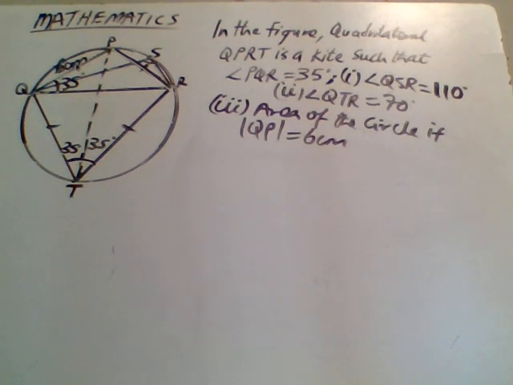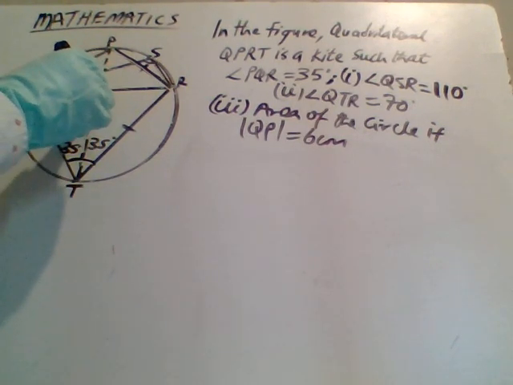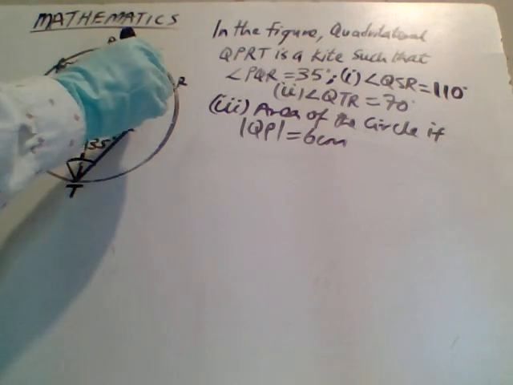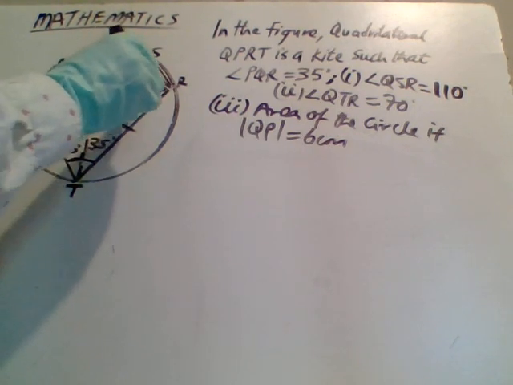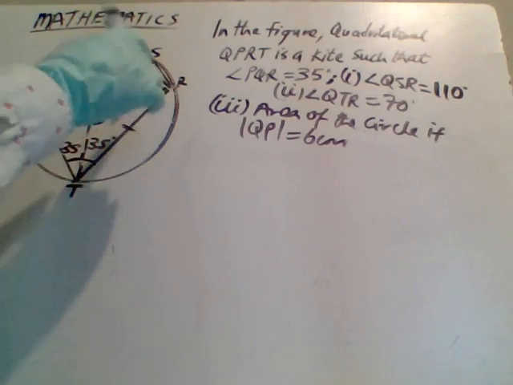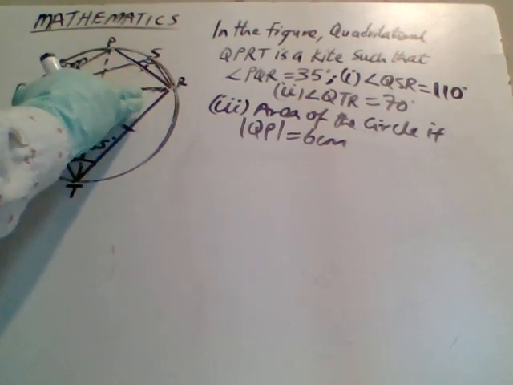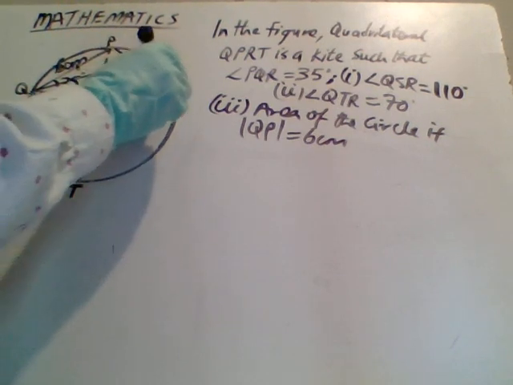How do we find the radius of the circle? So we have to make a construction here. Let here be O, and then we'll join this. O is the center of the circle. So we can join here.